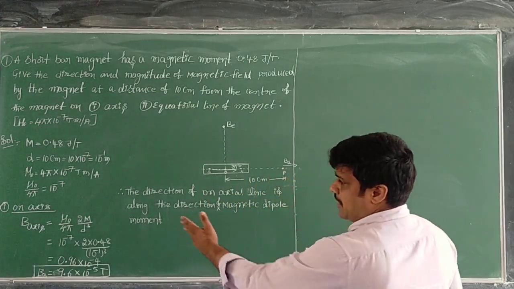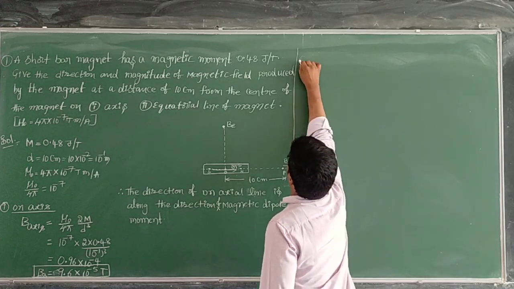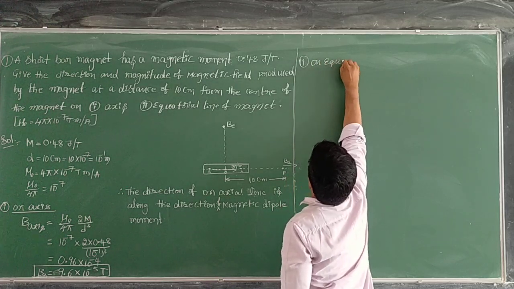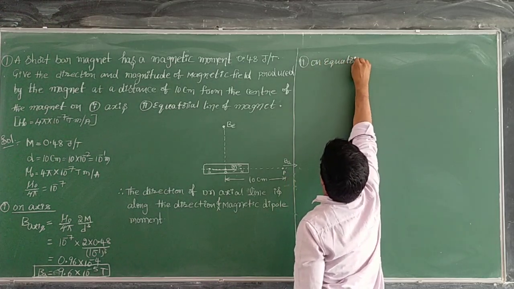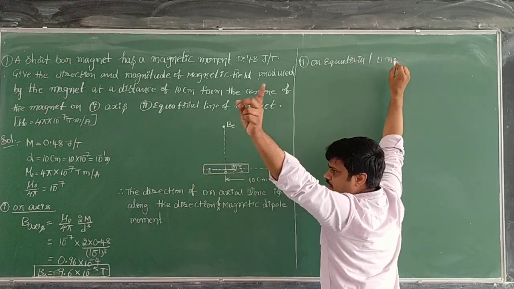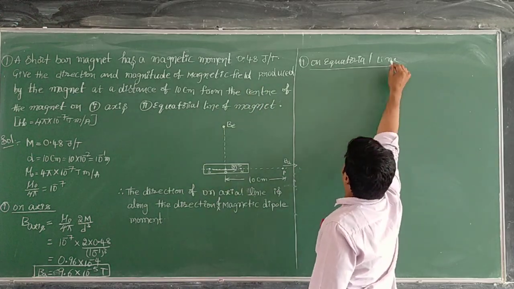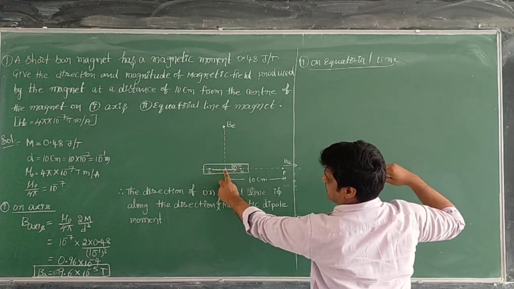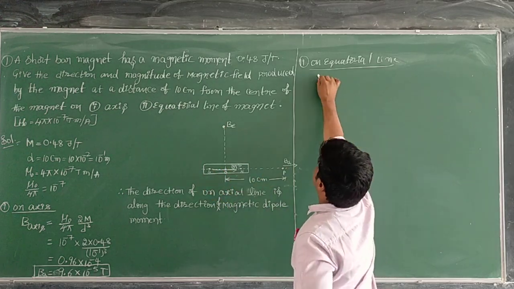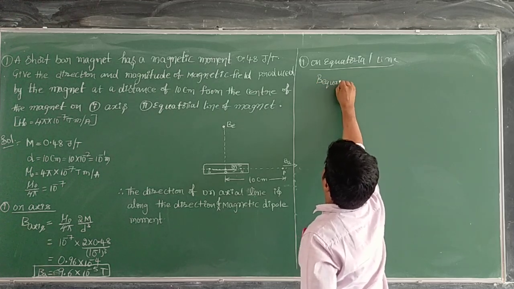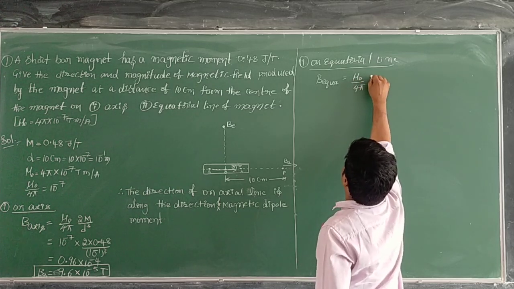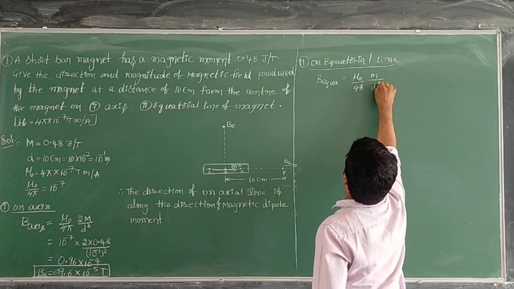The axial line case is over. Next, the second case: the equatorial line. On the equatorial line, due to this bar magnet, at this point we have to calculate the magnetic field. The magnetic field on the equatorial line is mu naught by 4 pi into m divided by d cube.